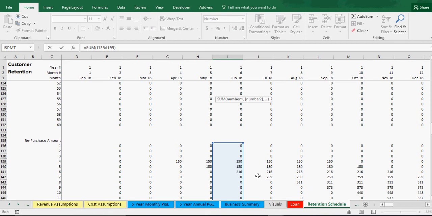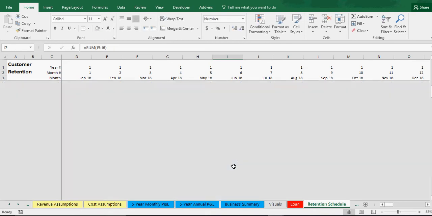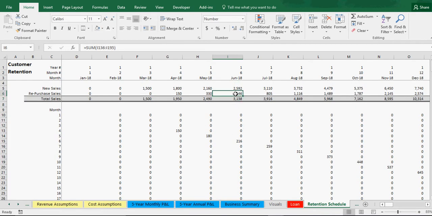Right? So 150, 180, and 216 is 546. Is that what I got? Am I losing my mind? 216 plus 30 plus 150. What am I doing? That says 690.